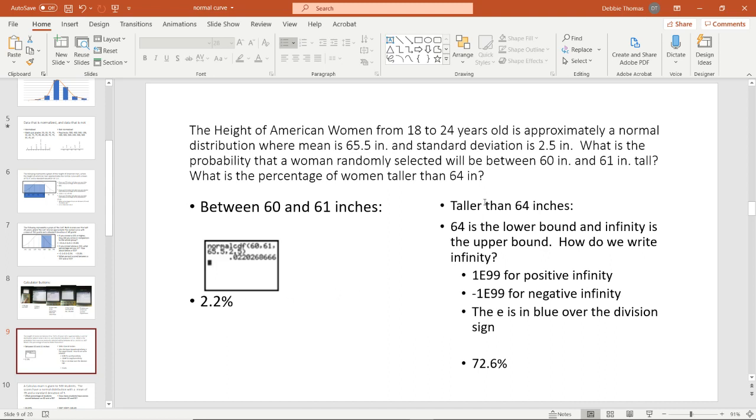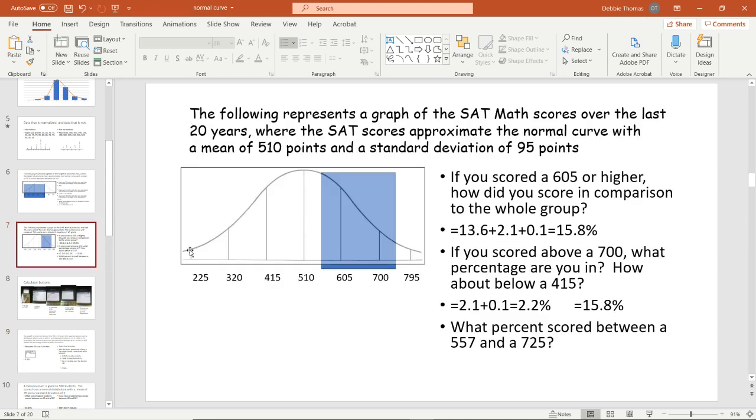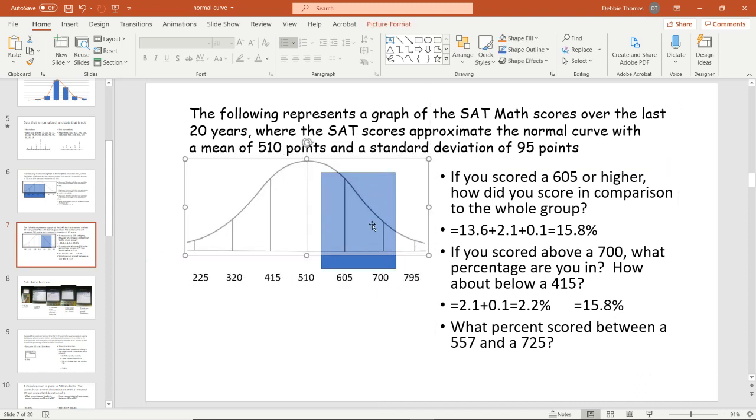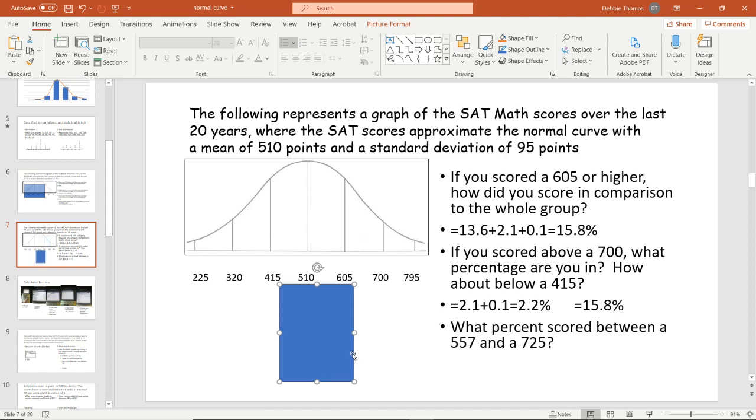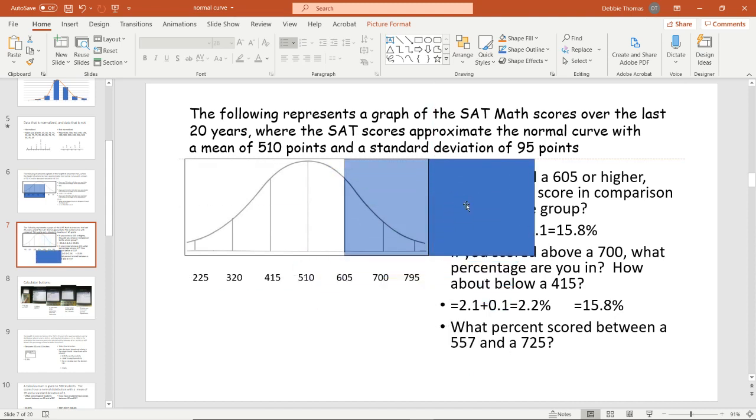Okay. What about taller than 64 inches? Well, 64 is my lower bound. I'm going to go back to this graph so you can see what I'm talking about. When we were doing higher than 60.5, we were here.